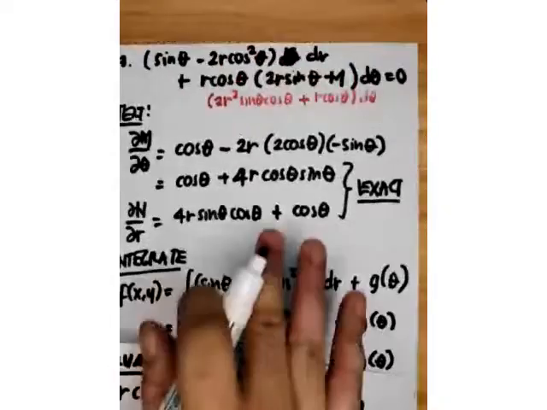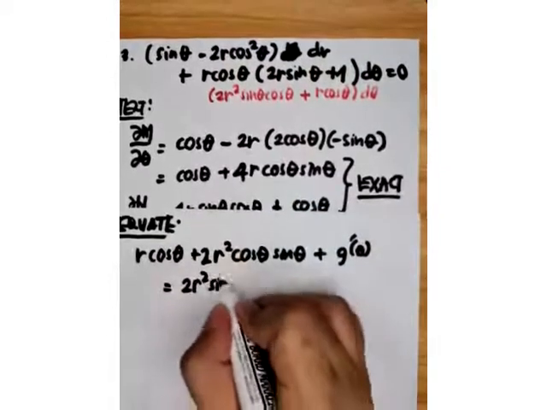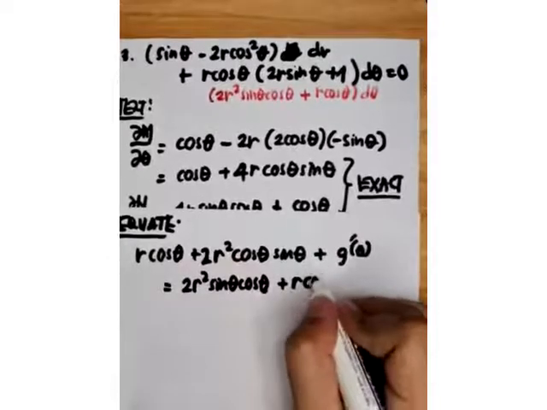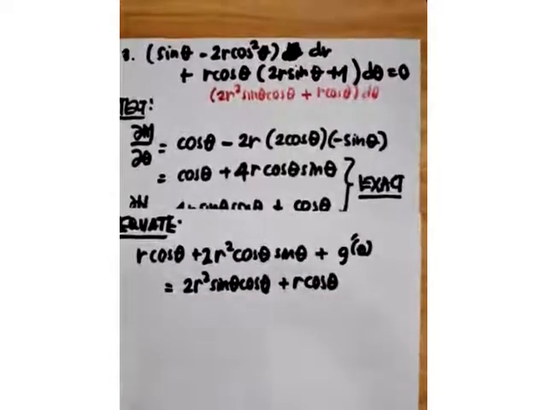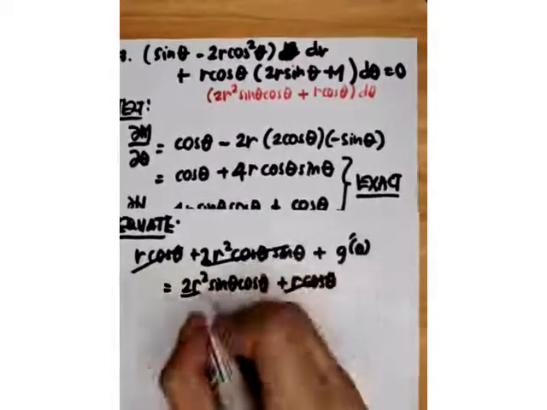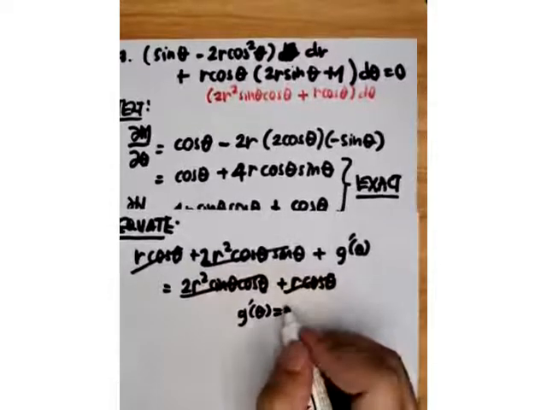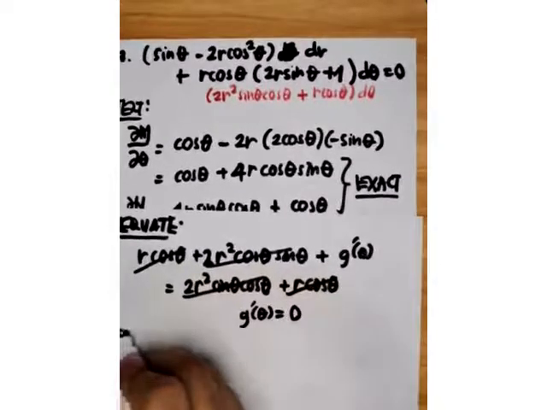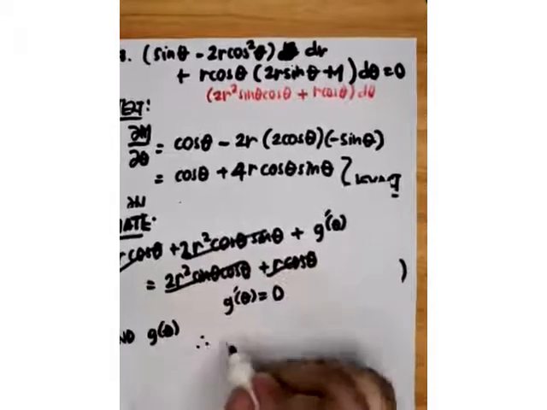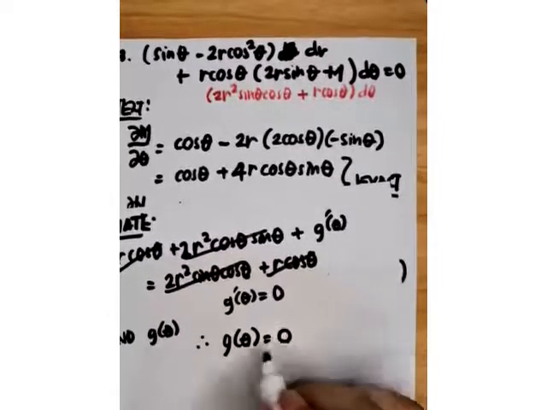So, yung n natin ay nandito: 2r squared sine theta cosine theta plus r cosine theta. Then we can cancel. So, g prime of theta is equal to 0. So, therefore, g of theta is equal to 0.